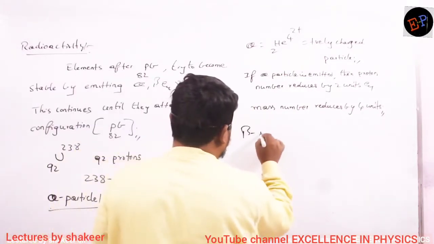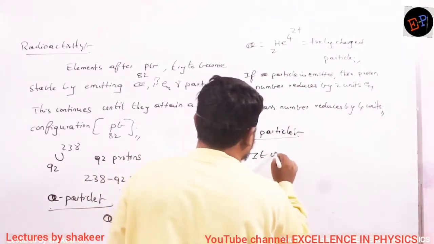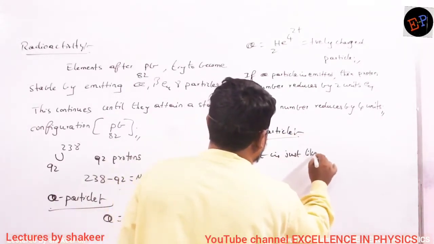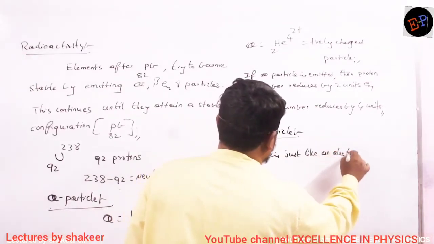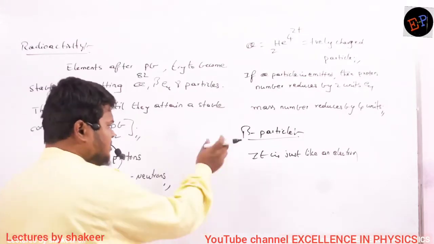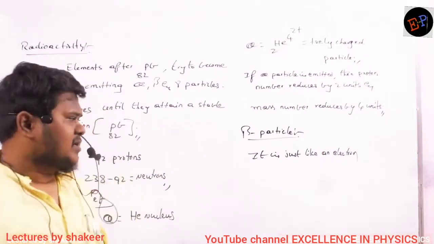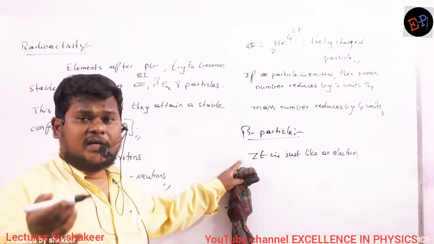Then we study about the beta particle. Okay, what is a beta particle? It is just like an electron. Okay, ma? Beta particle is just like an electron itself. But the point is that this electron is not the electron which is revolving around the nucleus. No. This electron is formed inside the nucleus.